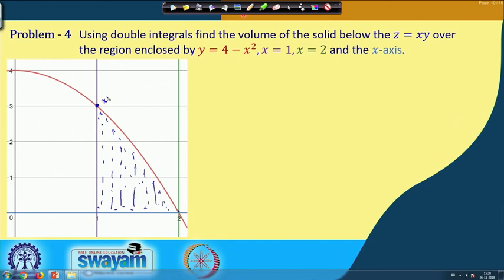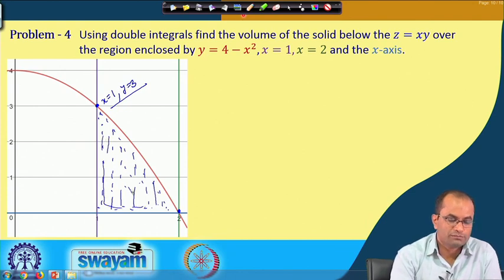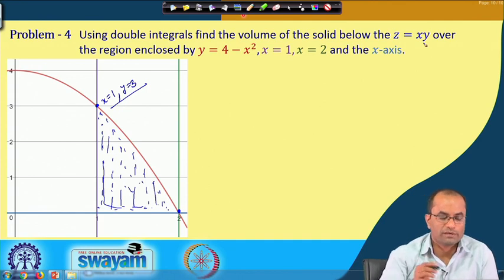So, x is 1 and y will be 3 at this point, by y is equal to 4 minus x square, and at this point here x is 2 and y is 0. So, now we need to just put the limits and the function will be xy. This double integral with the integrand xy will give us the volume of the solid below this surface and above the xy plane.